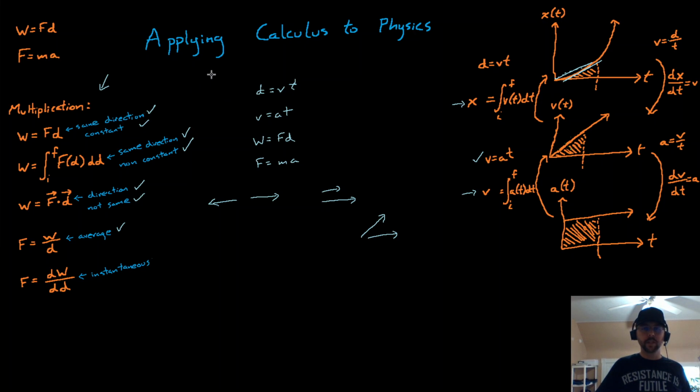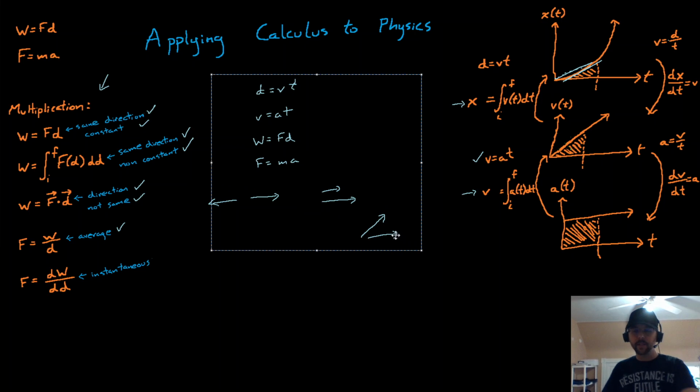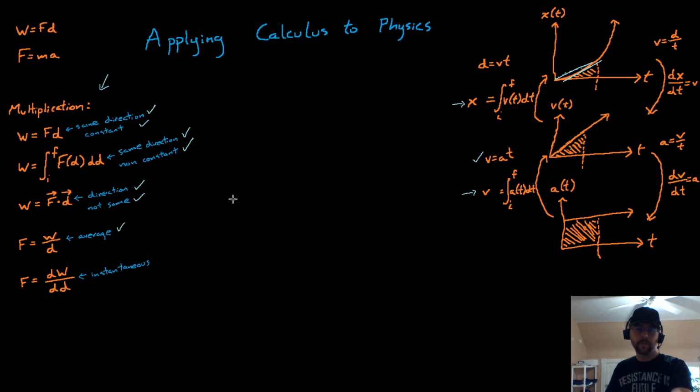So now let's consider some somewhat contrived examples that won't be 100% correct, but will be, I think, good for illustrative purposes. Okay, so let's take work here. Work equals force times displacement. Let's imagine some scenarios where either force is not constant or displacement is not constant.